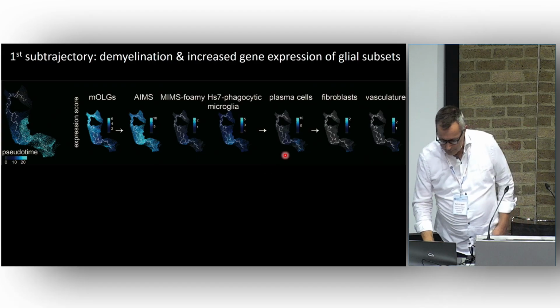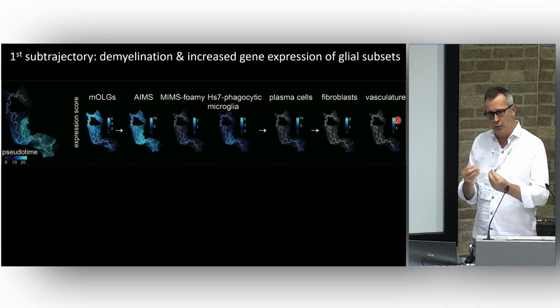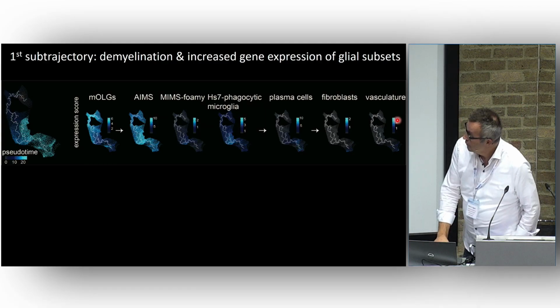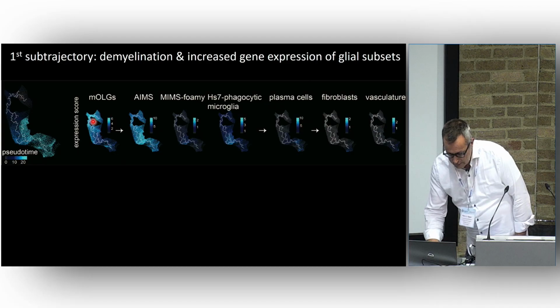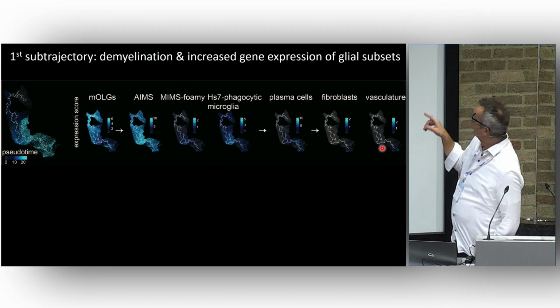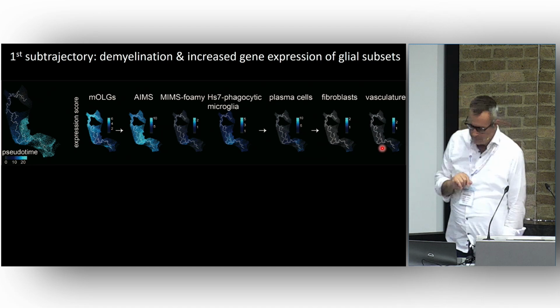Plasma cells that secrete antibodies, fibroblasts, vasculature, and they all have gene sets that we know, and we superimpose them on our trajectory. And then you can see that oligos are enriched at the beginning of the trajectory, AIMS and MIMS, and these microglia all a little bit in the middle, and the plasma cells a bit to the end, and all the way at the end of the trajectory, that's where you find your vasculature and your fibroblasts.